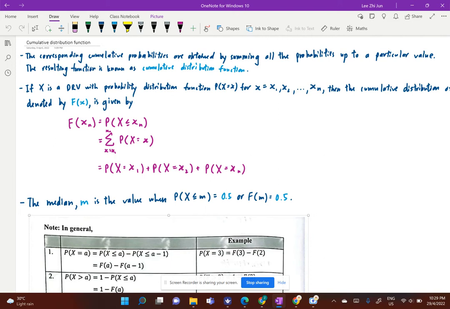The median is the value where the sum of the probability is equal to 0.5, or F(m) equals 0.5.